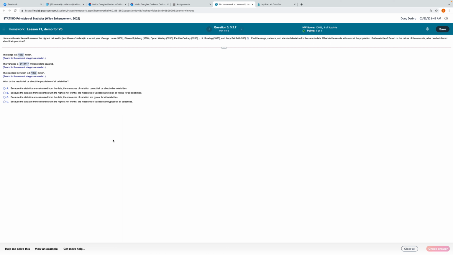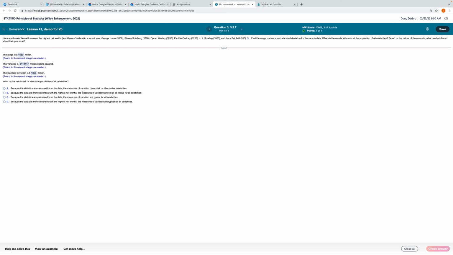All right, what do the results tell us about the population of celebrities? Actually, very little, because these aren't a random sample. These are some of the highest net worths. So the answer that I'm looking for is very, very little value. Calculated the measure.